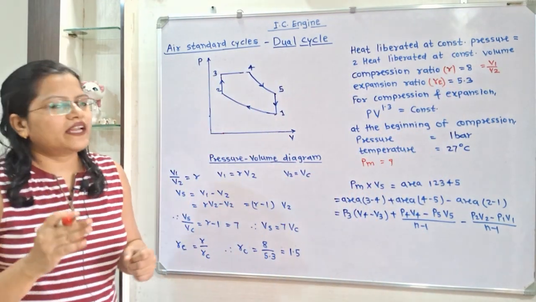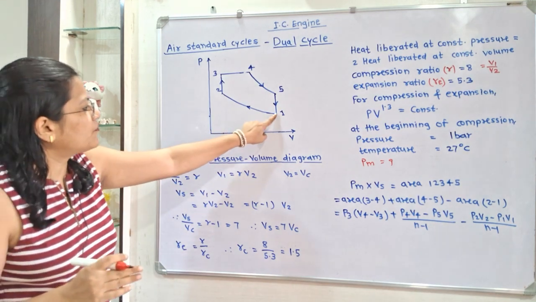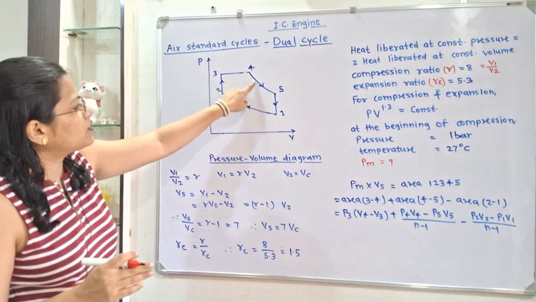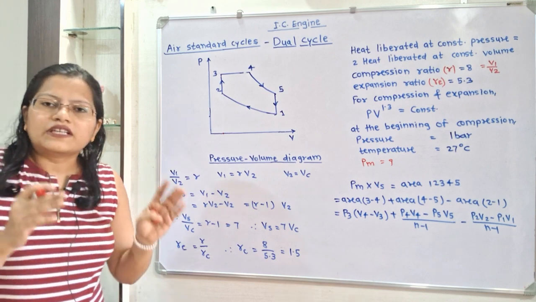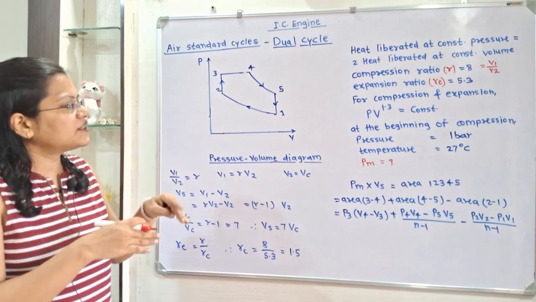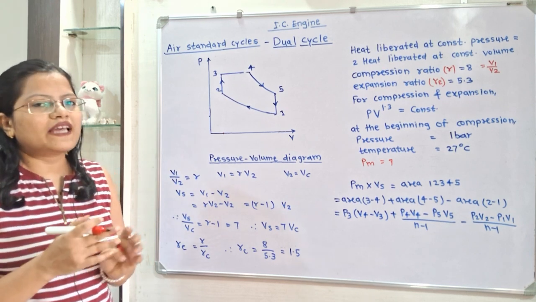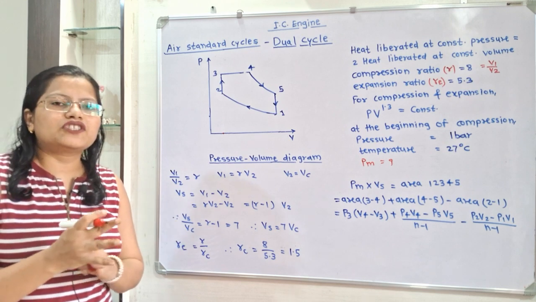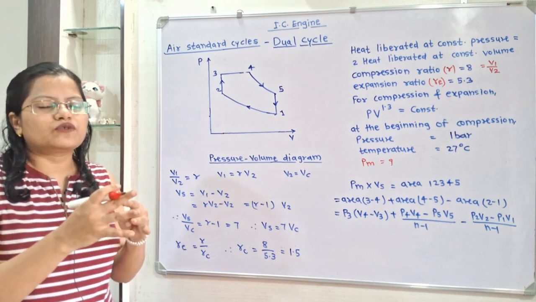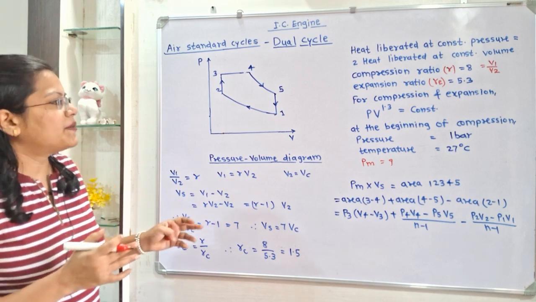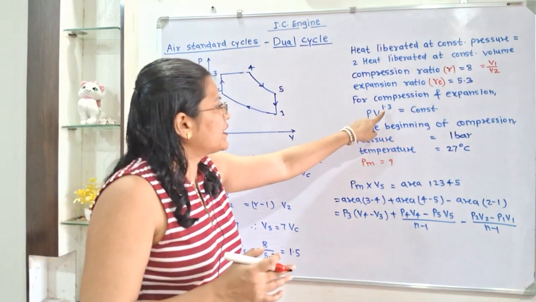For compression and expansion, that is for the process 1 to 2 and for the process 4 to 5, there is the law PV^1.3 = constant. We know that for compression and expansion there is the law PV^gamma = constant, but here this is PV^n.